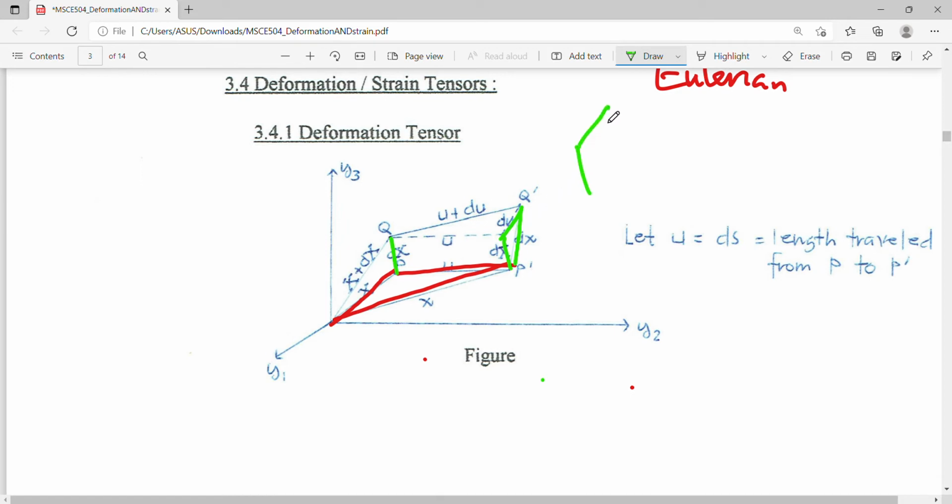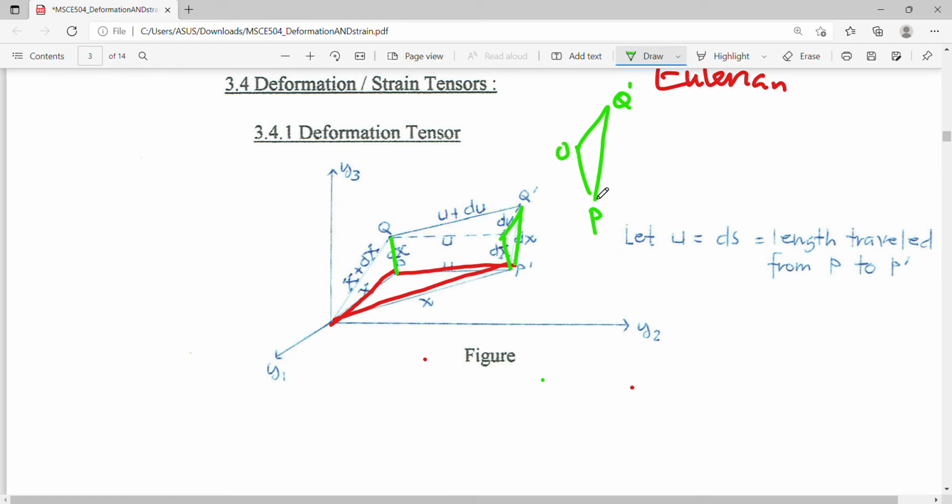which is simply given by your P, Q prime, and let's say there's a point here, O, okay?